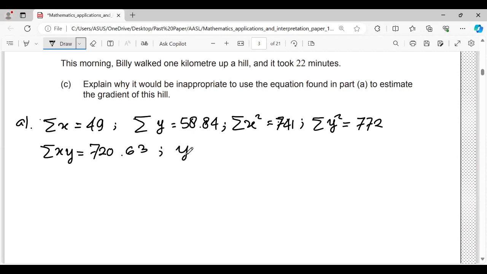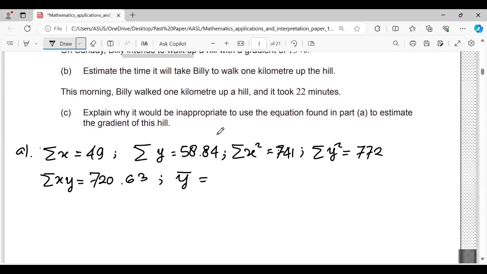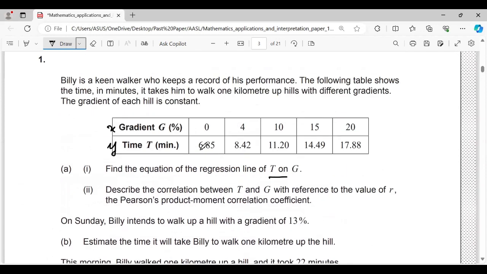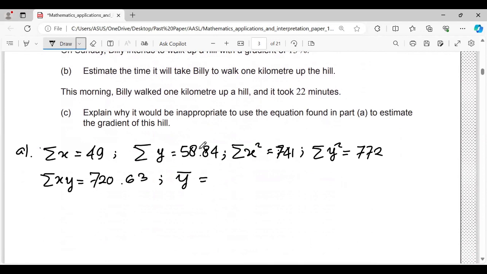And after that, the average of y is this number divided by 5, because n equals 5: 1, 2, 3, 4, 5. And it's going to be 11.768. After that, the average x is 9.8, because 49 divided by 5 equals 9.8.